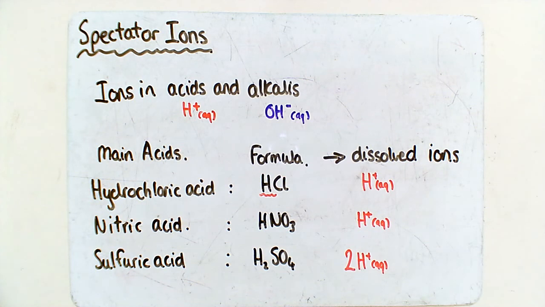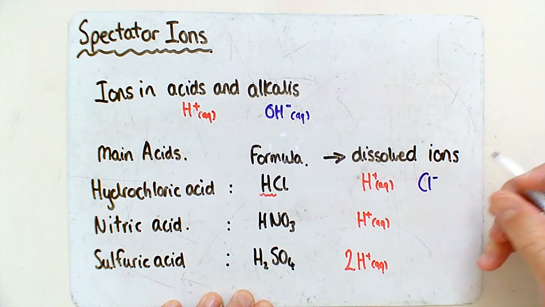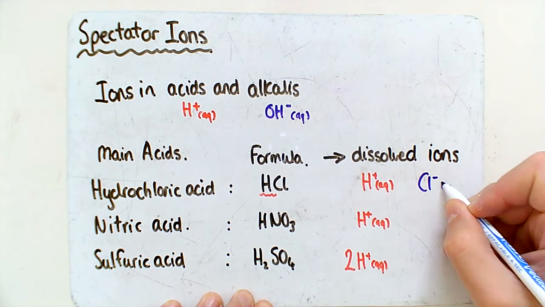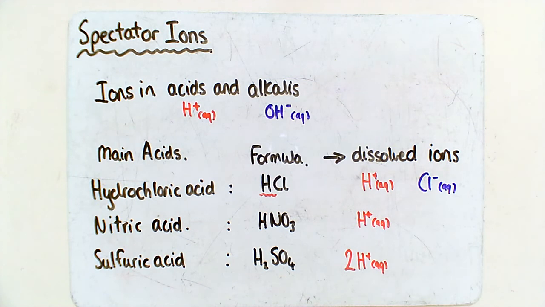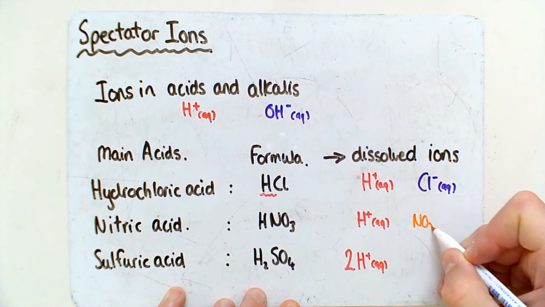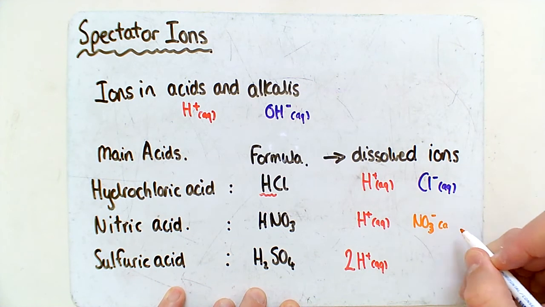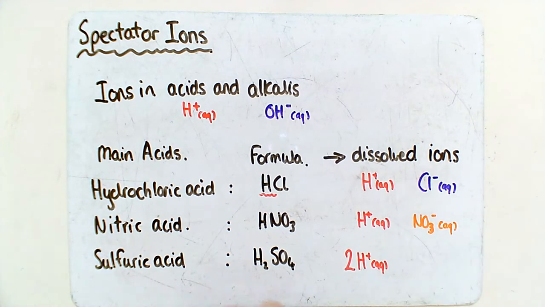Now with the other part, if we get a plus ion taken away from this, it means that we're also producing a Cl-(aq), like that. With nitrate, we've got H+, so that means the other one must be NO3-, and again, it's dissolved, so it's (aq).